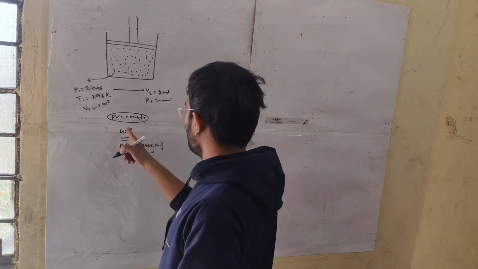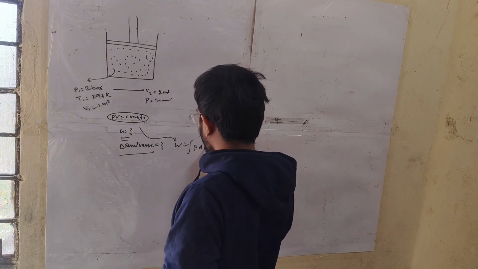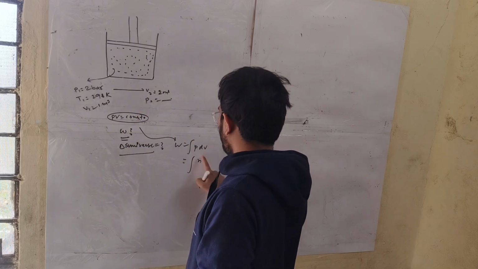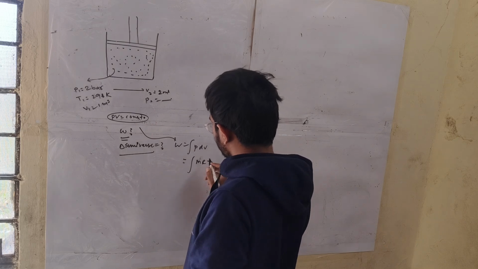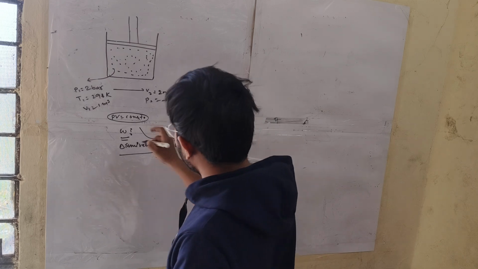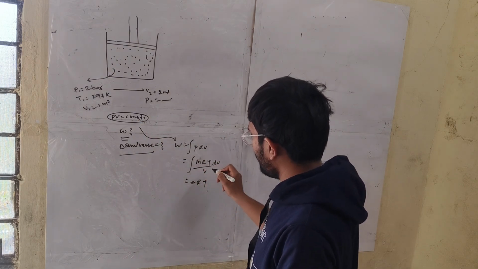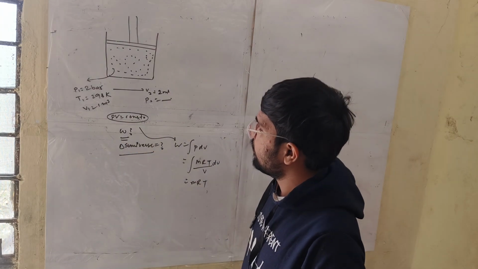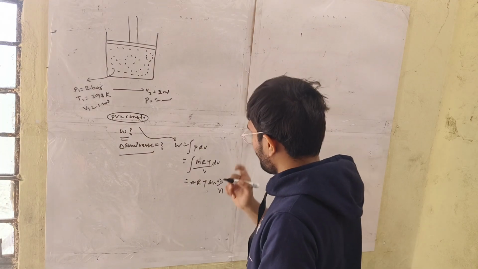You know how to find the work done: work done is the integral of PdV, and for the isothermal process you can write this as mRT upon V into dV, because the multiplication PV is constant. So W equals mRT ln(V2/V1).